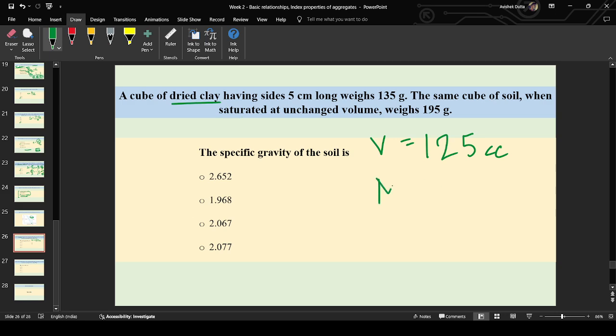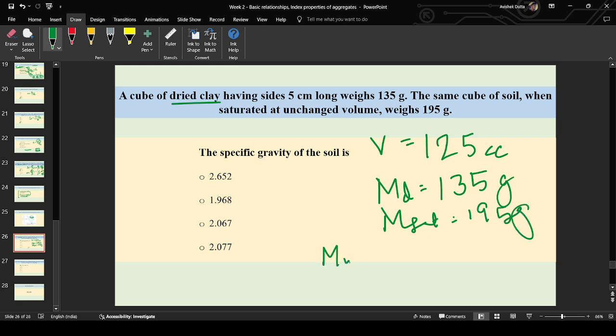The mass of dry soil was 135 gram. So mass of saturated soil is 195 gram. So the mass of water is 60 gram. So the volume of water is how much? 60 cc, isn't it? Volume of water is 60 cc, at 1 gram per cc.